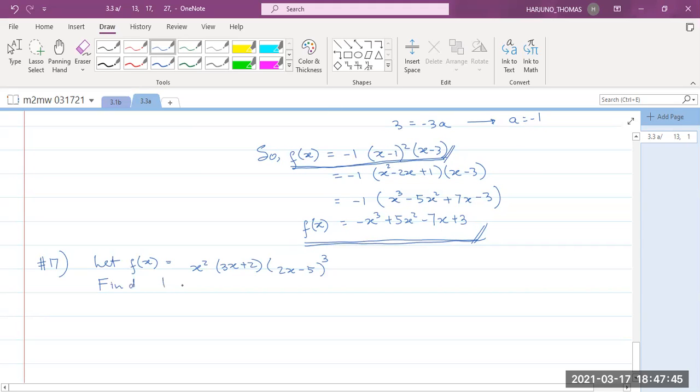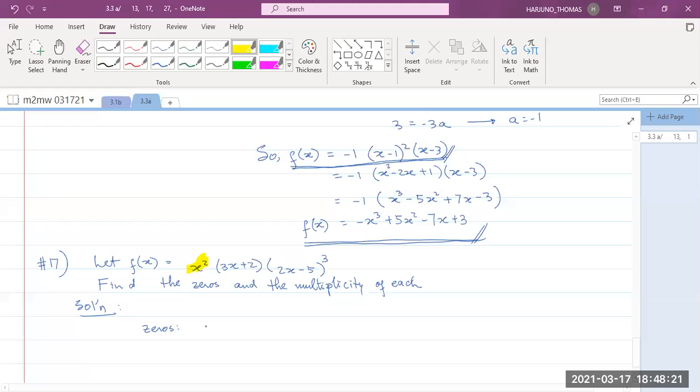Find the zeros and the multiplicity for each. They already factored it for us. That's the good news, right? So we can just get the zeros right away. So the zeros are, from x squared, x equals 0 with multiplicity of 2, right?